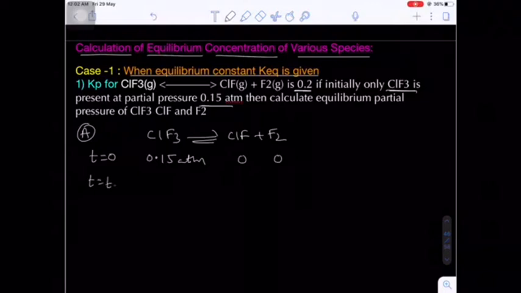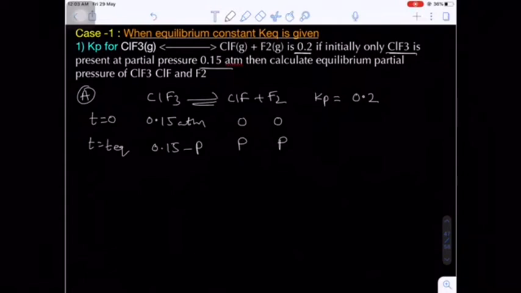When the reaction tends to equilibrium, let's suppose out of the 0.15 atm, P atm decomposes. When P atm decomposes, P atm ClF and P atm F2 will be formed. And the Kp value given in the question is 0.2. Now what is the Kp expression here?